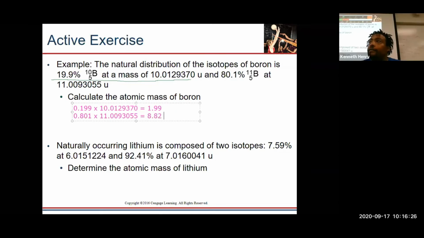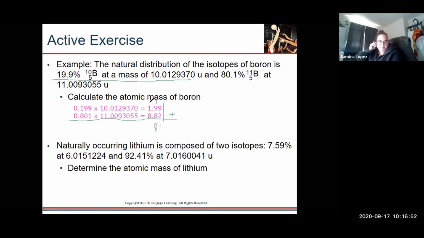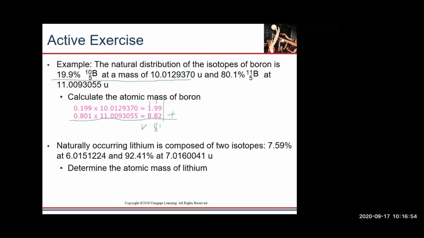Okay, so we add these up. If we draw our lines, we only have one line, right? Not too hard. 10.81. It'll be 10.8 because it has to be 3 sig figs, no?